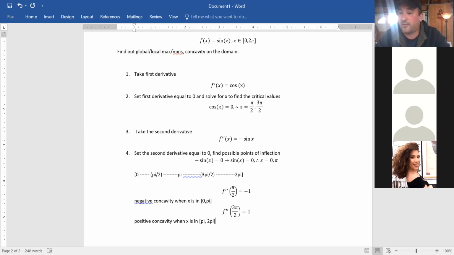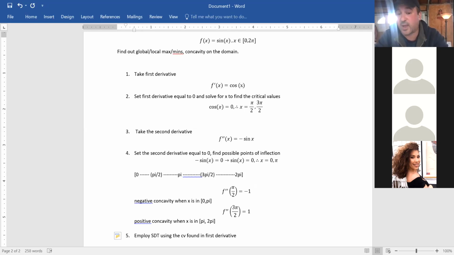It was using a version of the first derivative test, but taking second derivative information. Now we're going to use the second derivative test, right, to see what we get here. So now, employ the second derivative test using the critical values found in the first derivative.